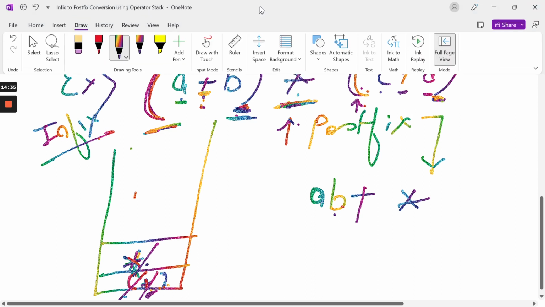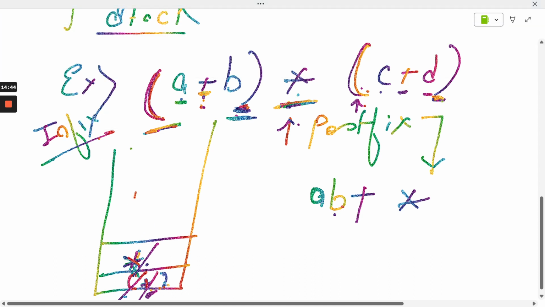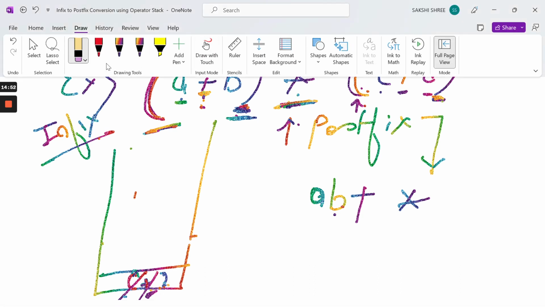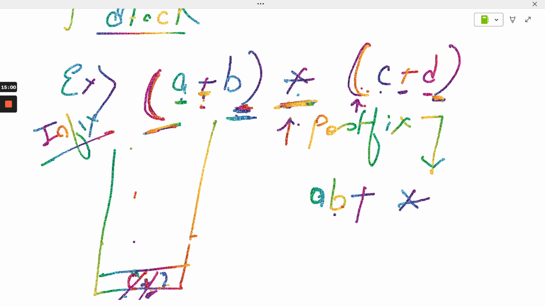So let's redo it. That is why when we encountered this closing bracket and after that we encountered the star, we need to pop this out.